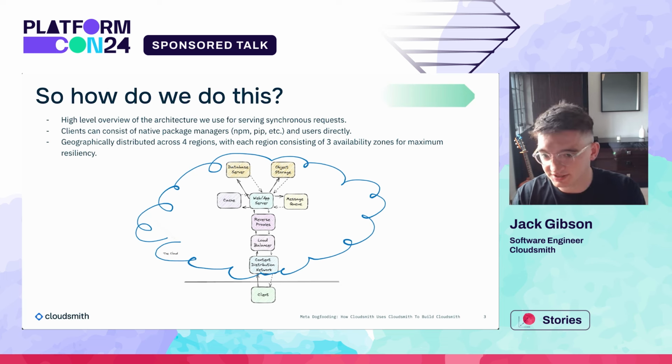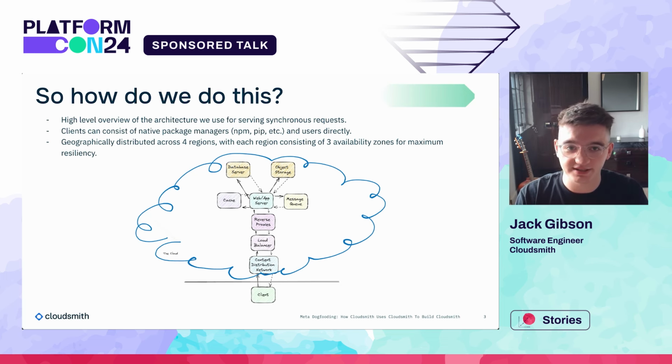This architecture you see here is actually geographically distributed across 4 regions, with each region containing 3 availability zones, really for maximum resiliency and for maximum redundancy. We're critical to what our customers are doing, so we need to be up and we need to be serving packages at all times.